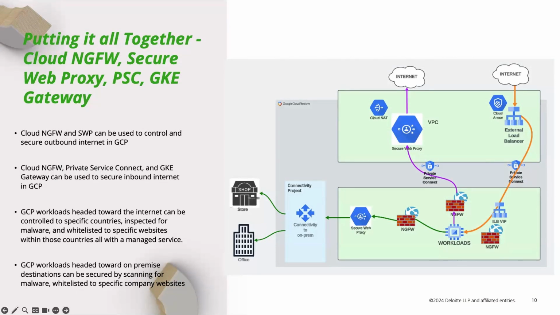So we're checking against malware before it heads to on-prem. And then we're using the secure web proxy to say, not only that you're allowed to go to on-prem, but you can only go to SUS or something like that, like a Windows Update server that's on-prem, versus hitting maybe an intranet site that we might not need for a service, right?